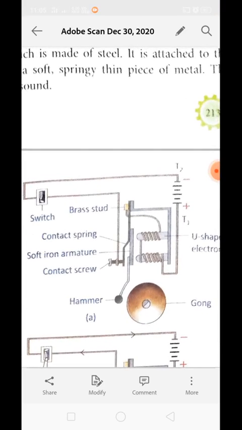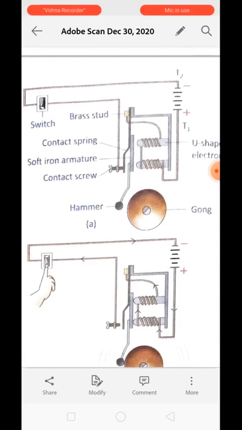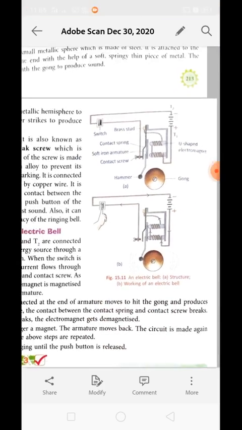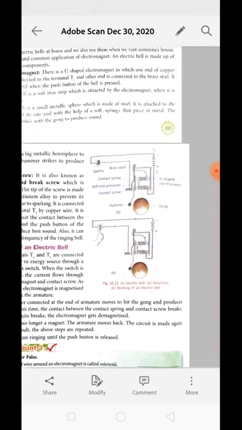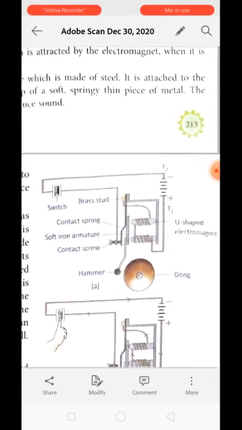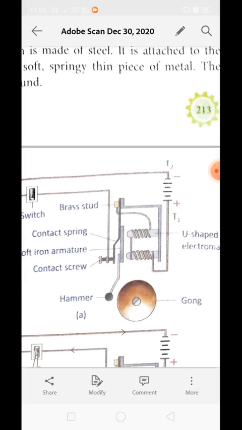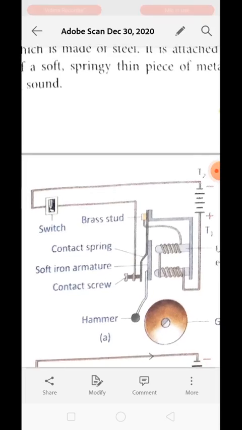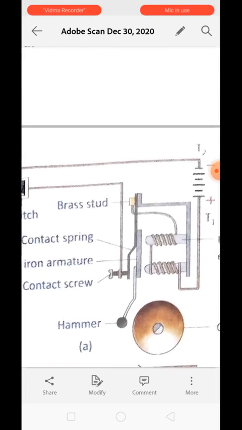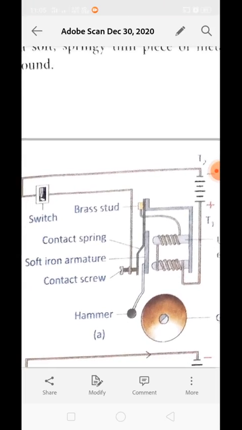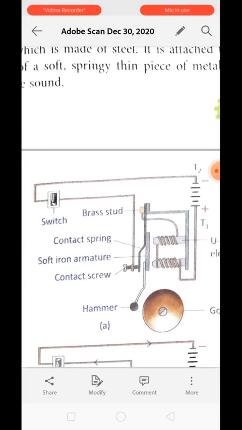Just see over here now how it is going to work. Working of an electric bell. Understood? Before understanding how the electric bell works, just look at the structure one more time. In this diagram, this whole setup is having a closed circuit.